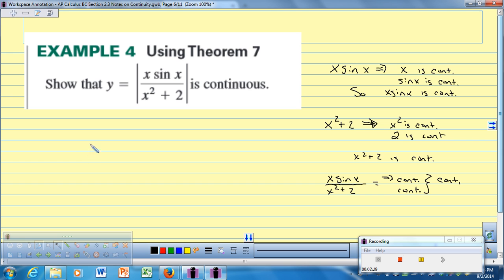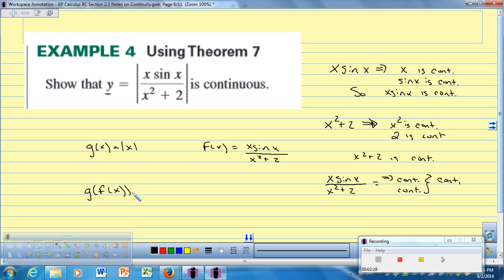and now let's consider calling g of x the absolute value of x, and f of x is x sine x over x squared plus 2. So the function that we are dealing with, our y function up here, is actually g of f of x.